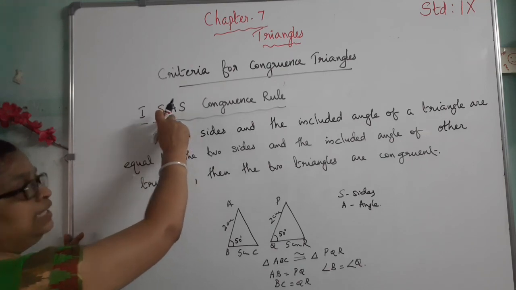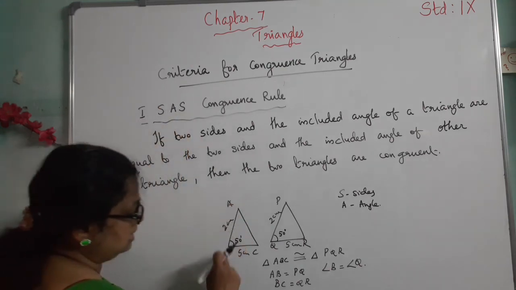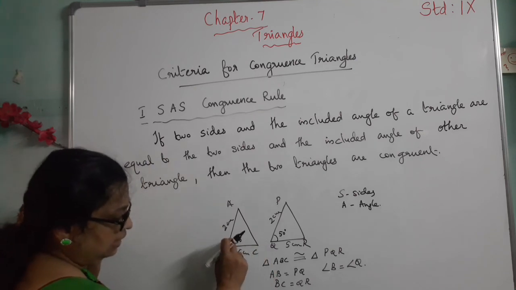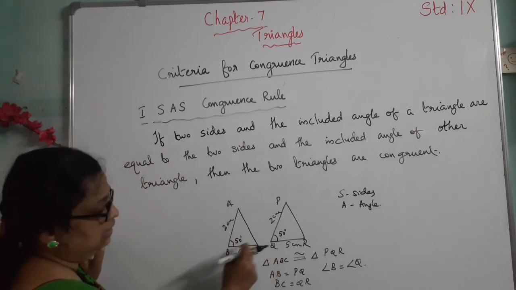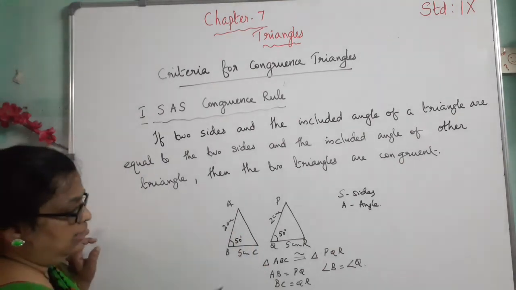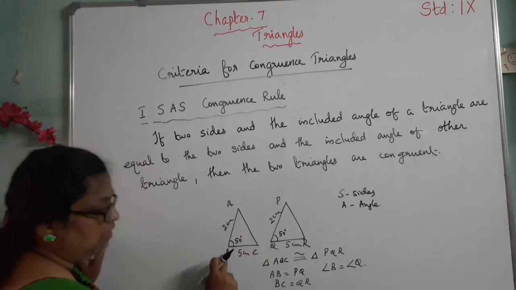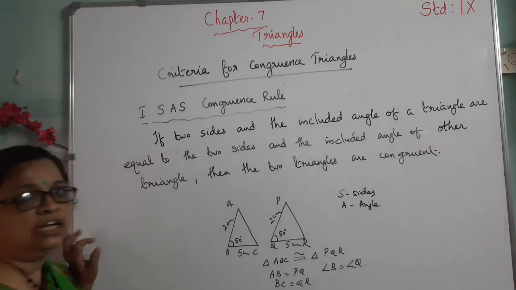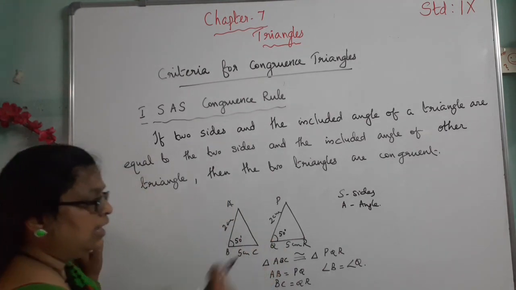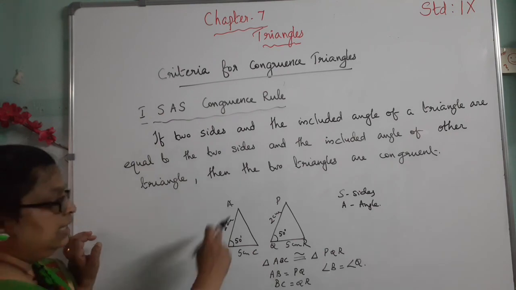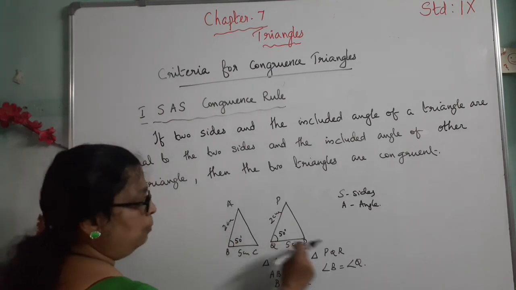Two sides and the included angle: if we take this side and this side, then this is the included angle. If AC and CB are taken, then C is the included angle. If AC and AB we take, then A is the included angle. So here two sides and the included angle are equal, so we can say that ABC is congruent to PQR.